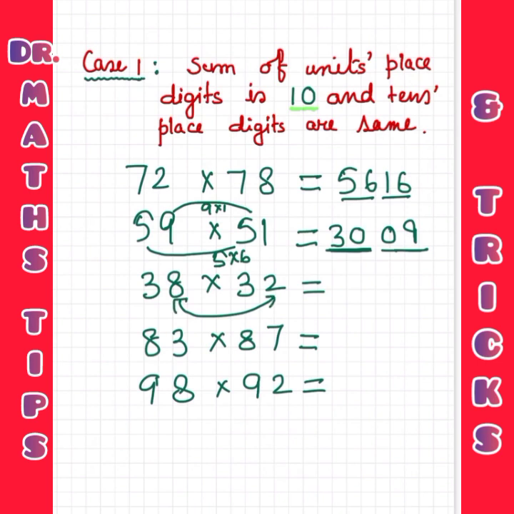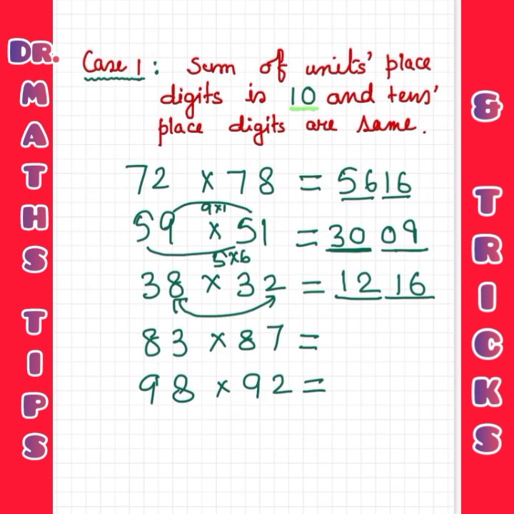Again, for the next numbers, 38 into 32, we multiply 8 and 2, that is 16. Put it here. And for the same tens digit, we multiply 3 and its next number 4. 3 into 4 is 12. We will put 12 on the left side.